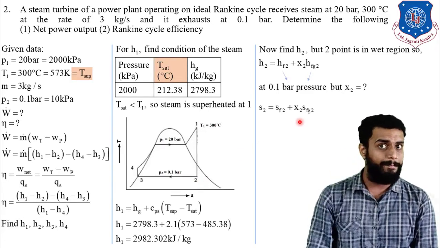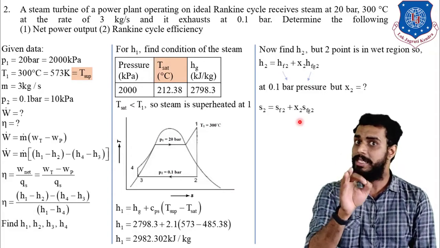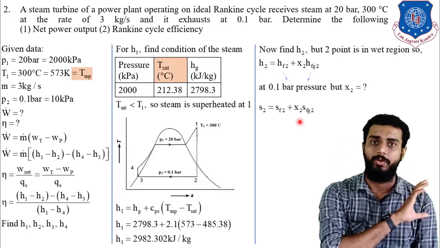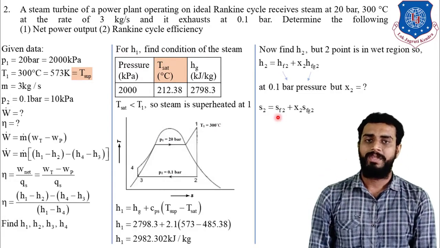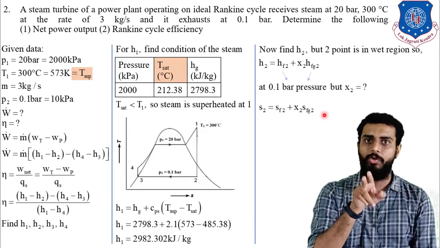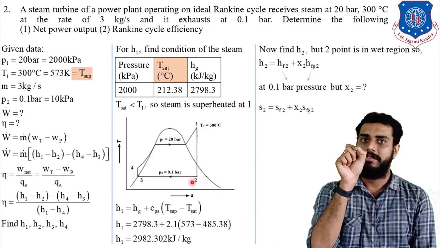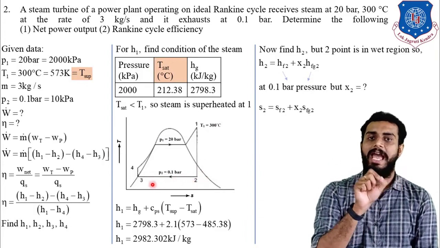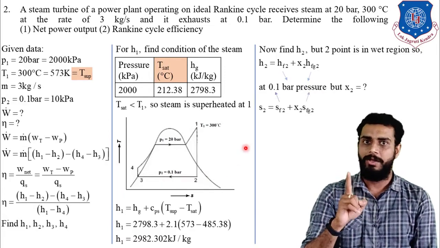Mark my words, this is very important. Majority of the students make mistakes at this point. Now here Sf2 and Sfg2, that means Sf and Sfg, at which pressure will you take? Obviously at point number 2, and corresponding to point number 2, the pressure you will refer to is 0.1 bar. So you will take Sf and Sfg at 0.1 bar from the steam table. Clear students, everyone? Okay.